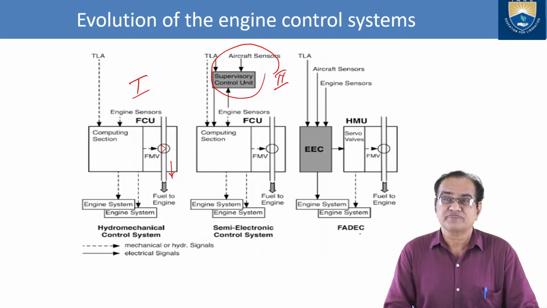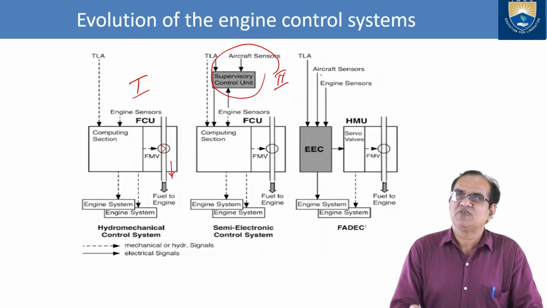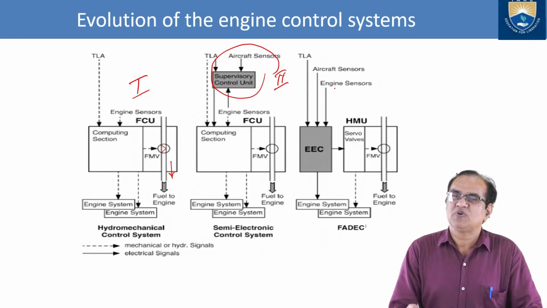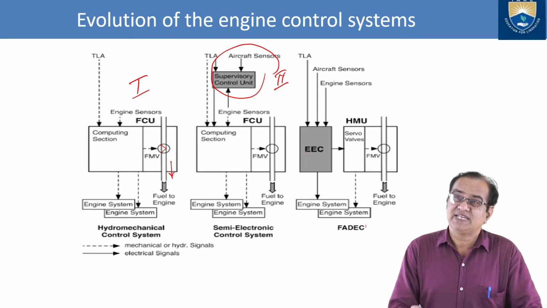So here you see we use the TLA, we use the aircraft sensors, we use the engine sensors. These all sensors will go to the engine electronic control system. From here it will go to the servo valve. This servo valve, I told you, the hydraulic systems are here.